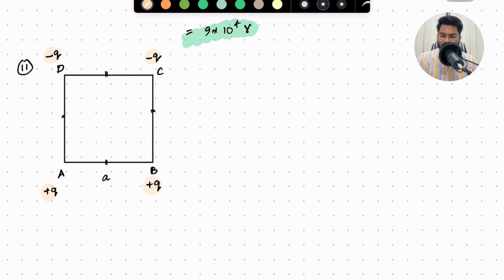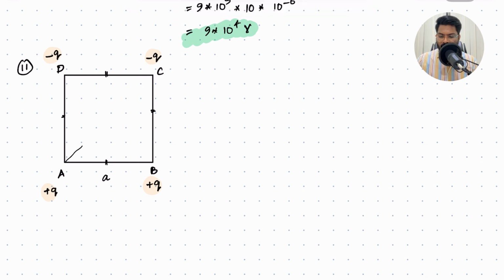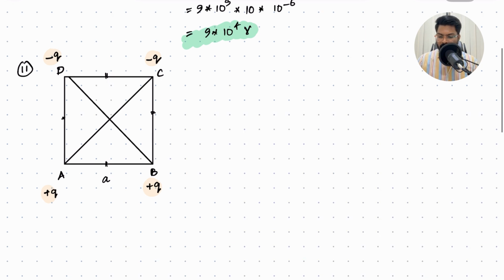Now, let's say I'm joining the diagonals. I am interested in finding the electric potential at the center.